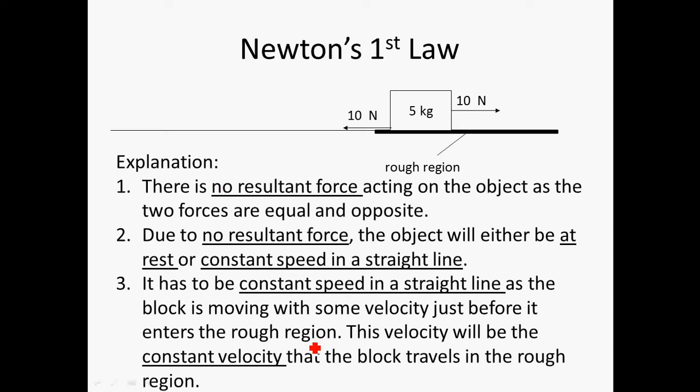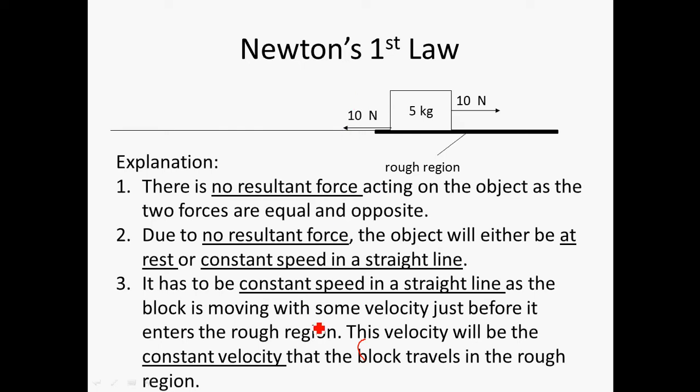Because just before it enters the region, the object has some speed, and this speed cannot just disappear. The object will tend to stay in its motion, and since it already has some motion, it will tend to stay in this motion.